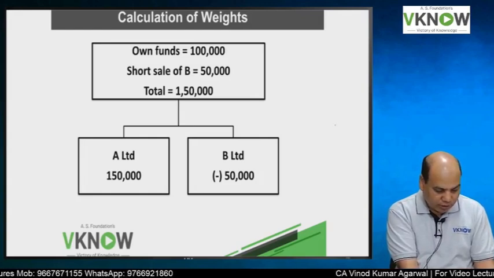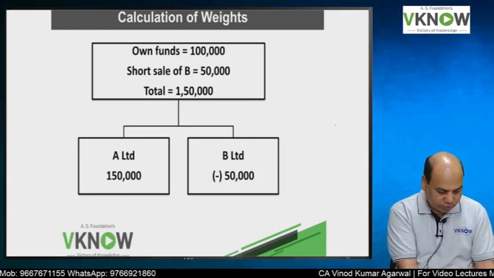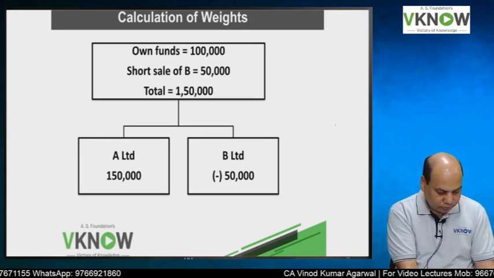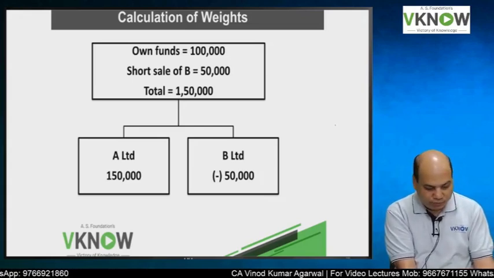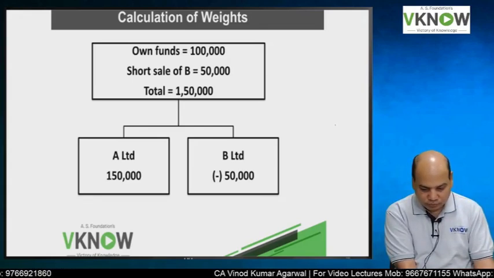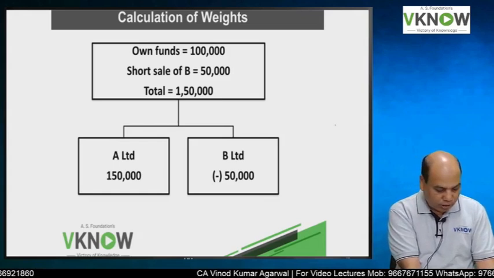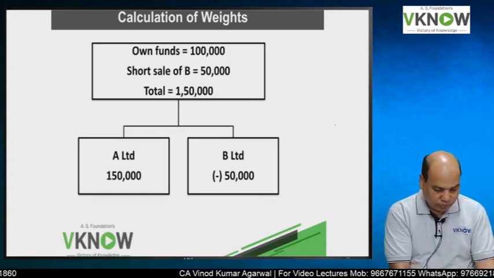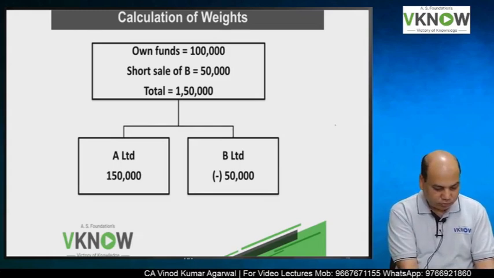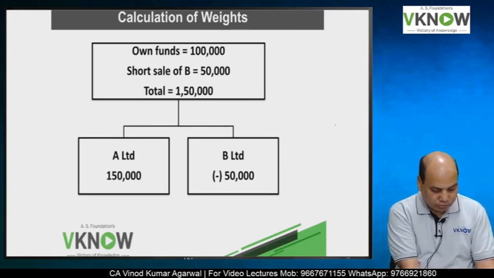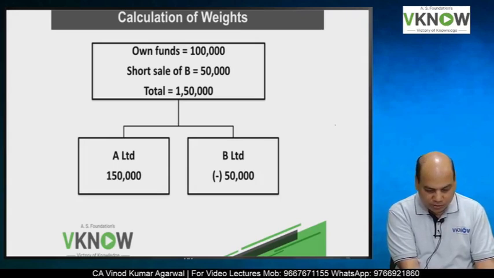Amount invested in A is 1,50,000, and B is minus 50,000.